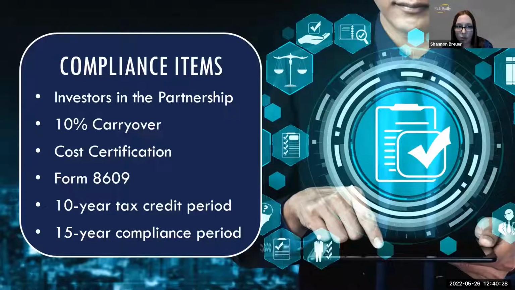While the credits are claimed over 10 years, which I had mentioned, the compliance period is 15 years, meaning that some of the credit can be subject to recapture during the entire time period. Items that could potentially cause recapture include non-compliance with the programming, having a tenant in the unit that's not actually qualified, casualty loss impacting the building, various items.